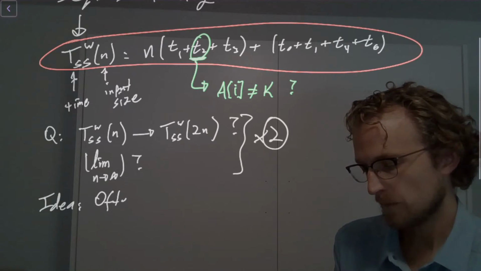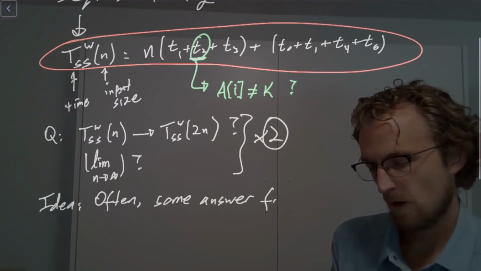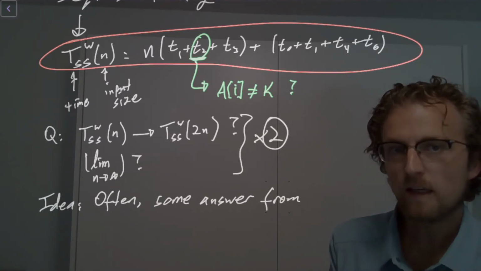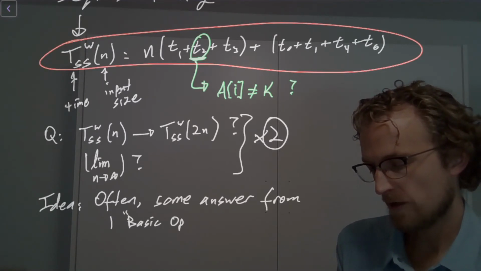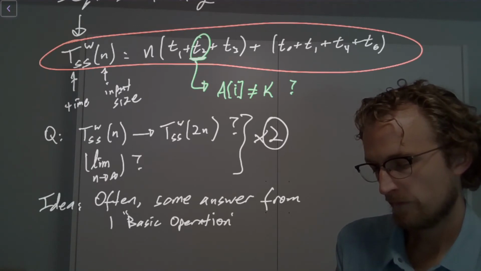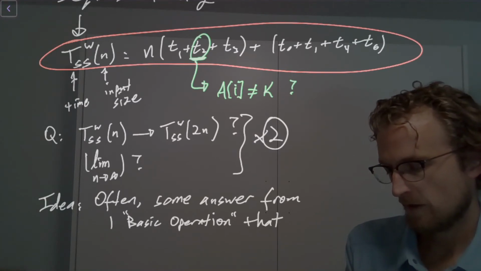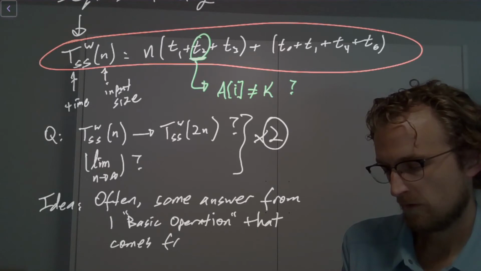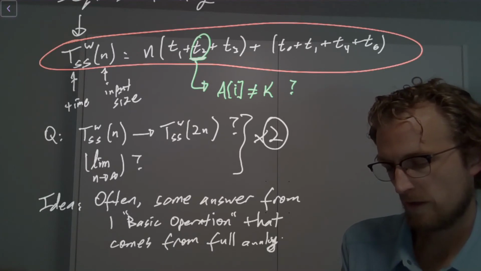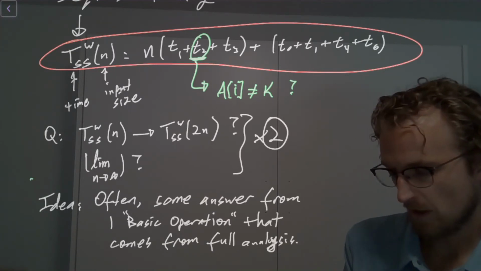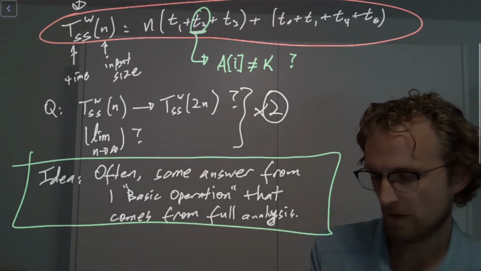Often we get the same answer from one basic operation that we would have gotten from the whole complete formal analysis. All right, and I'm going to put this in a box because this is one of the key ideas that will enable a lot of analysis in this course.